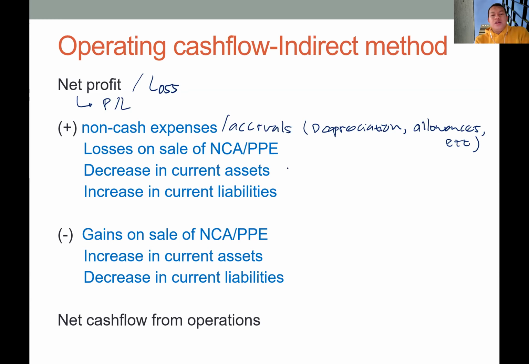And then we add the decrease in the current asset. As we have discussed, if the current asset is decreasing, it means the company is transforming the asset into cash, so the cash should be increasing. That's why we have positive. And if the current liabilities is increasing, it means the company receives more cash from the liabilities. So that's why we have positive.